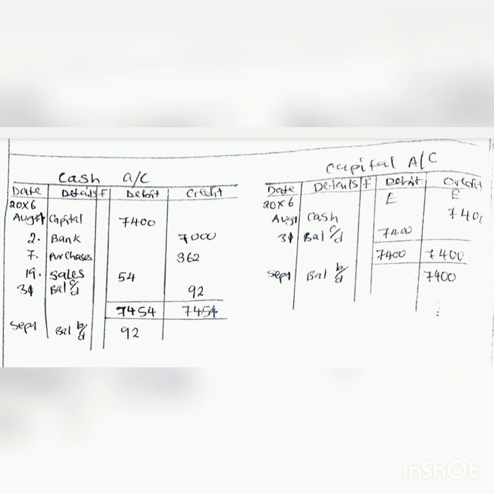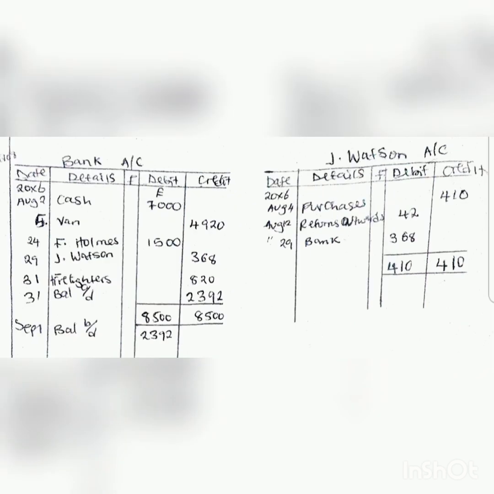So as you can see, we have got this amount 7,400 on the debit side and 7,400 on the credit side of the capital account. Then second August, we have paid 7,000 of the opening cash into the bank, meaning the bank account was increasing by 7,000, then the cash account was reducing by 7,000.